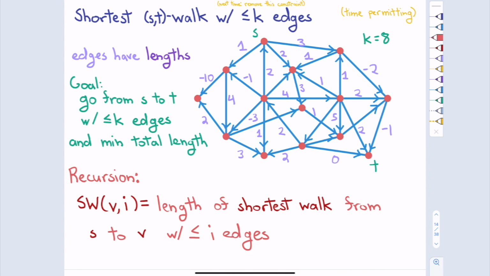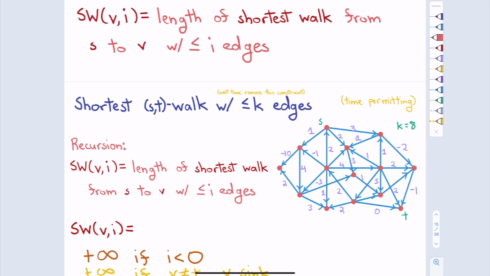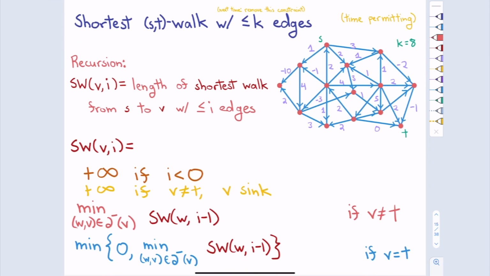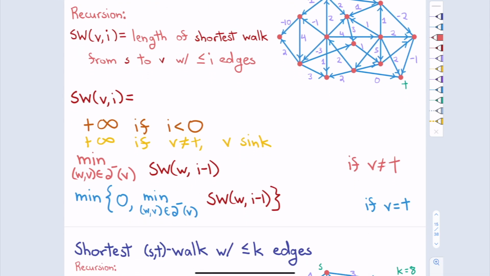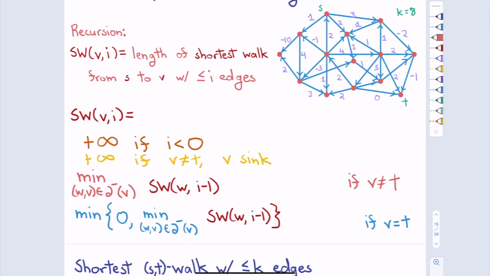And there we did not assume positive edge lengths. But k was arbitrary, and there we were able to write up this short recursive spec given by, matched by, an equally simple code.